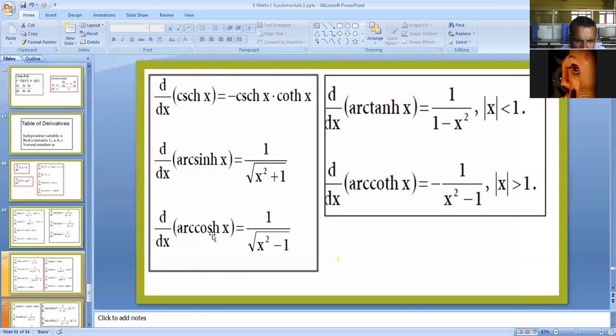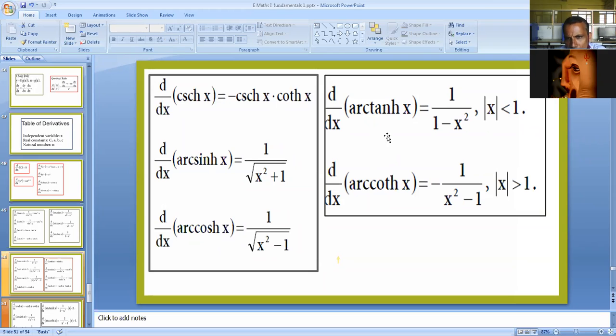Then what do we get? Cos hyperbolic inverse of x, d by dx means 1 upon root of x square minus 1. Now tan hyperbolic inverse of x, we can write in the form of log, that is half into log of (1 minus x) upon (1 plus x). Then we can take its derivative. The formula of log of a upon b is log of a minus log of b.